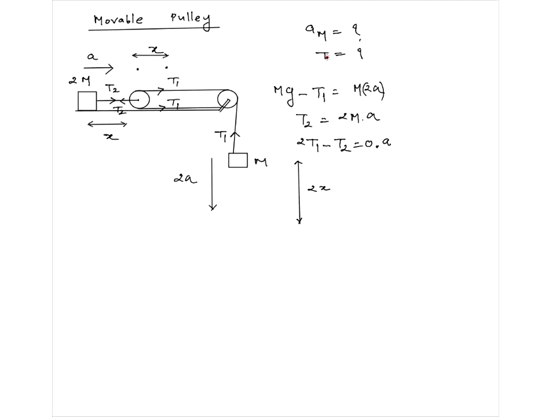Whenever there is a movable pulley, you have to be careful with the acceleration. Why is it so? It's like this. Suppose this block moves by x distance to the right.